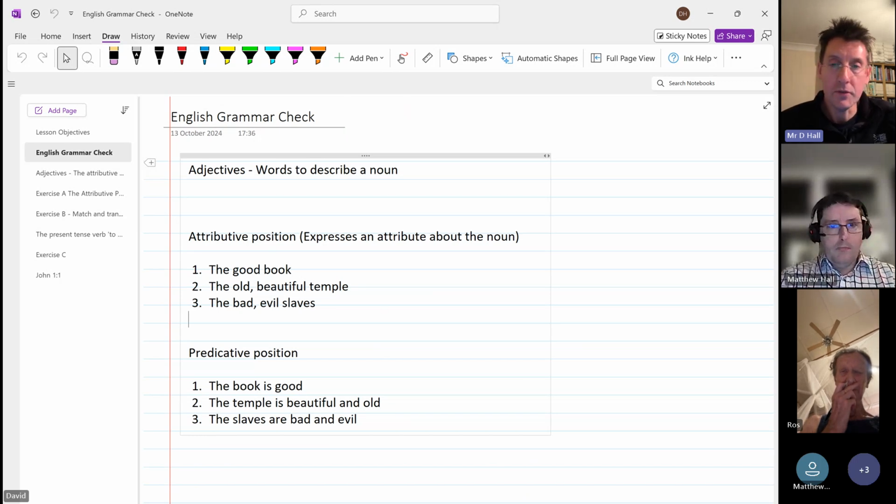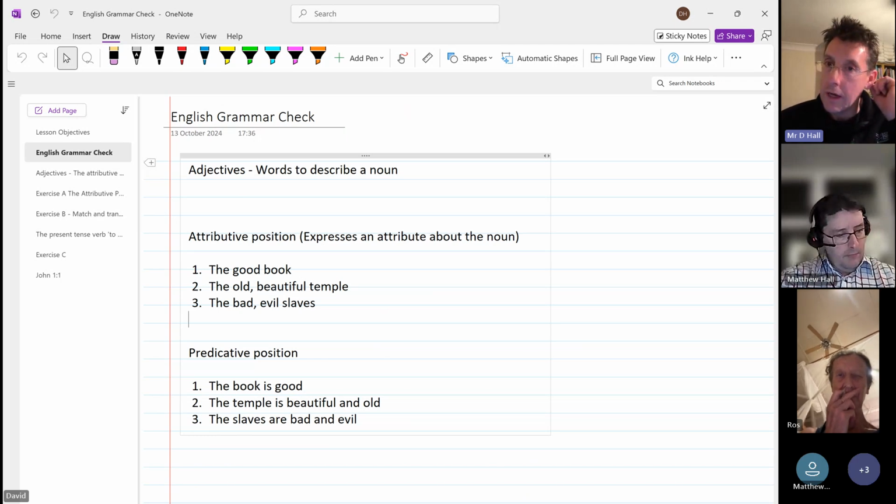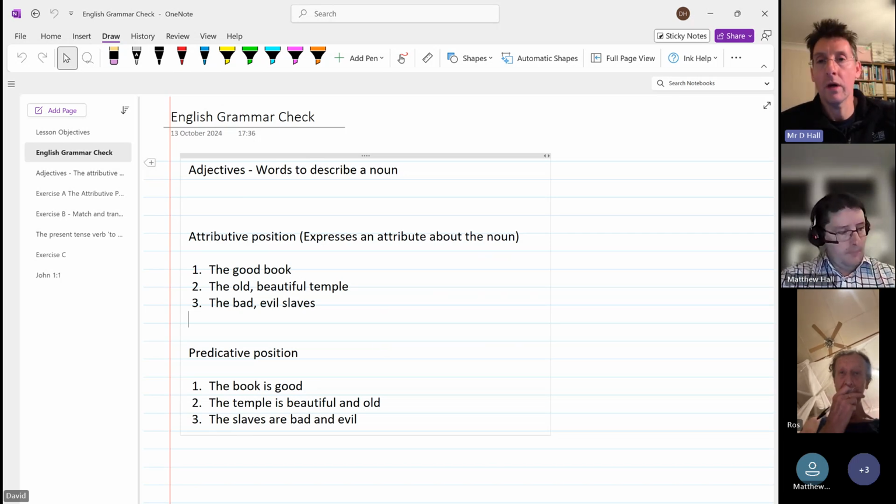You can stack the adjectives, so you can use more than one if you want to describe several things about a particular noun. So the old beautiful temple, and of course it works in plural as well, the bad, evil slaves. So the words old, beautiful, bad, evil, and good in those examples are all adjectives, so they're all describing something.